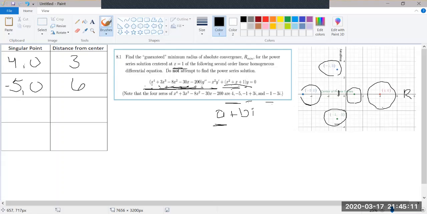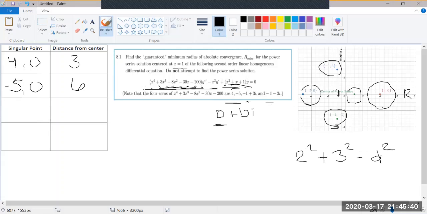To get the distances for the complex numbers, we're going to use a Pythagorean method. So we know that the distance between x equals 1 and x equals -1 is 2. We'll go ahead and square that, and then plus our distance here, which is 3 in both scenarios, 3 squared, and that will equal the distance squared for both of these complex numbers.